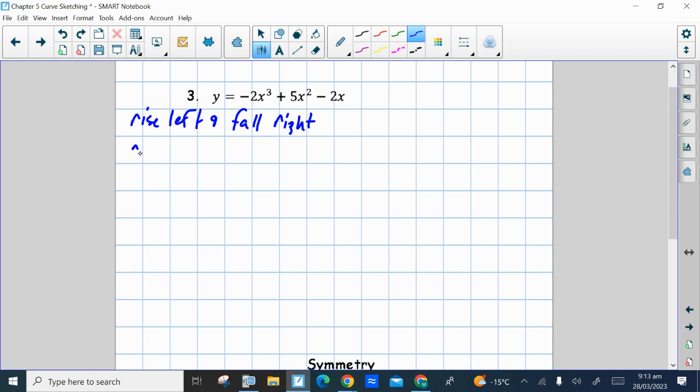Our x-intercepts, again, are where y equals 0, where negative 2x cubed plus 5x squared minus 2x equals 0. And this one can be factored by taking out a common factor of negative x, which will give us 2x squared minus 5x plus 2.